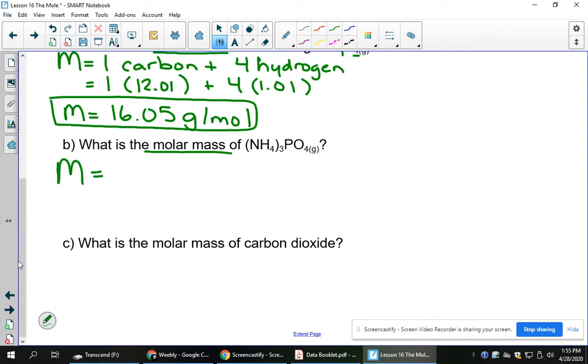Now, we need to do some multiplication to figure out how many of each element there are. This 3 is applying to the nitrogen and the hydrogen. There's a secret 1 behind the nitrogen, so I'm going to go 1 times 3 and write 3 nitrogen plus 4 times 3 for hydrogen, which is 12.